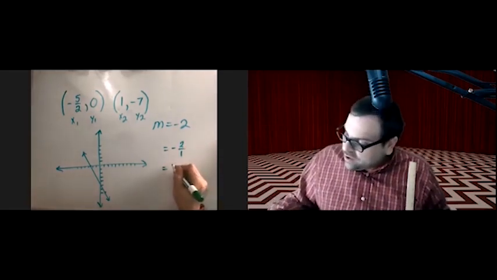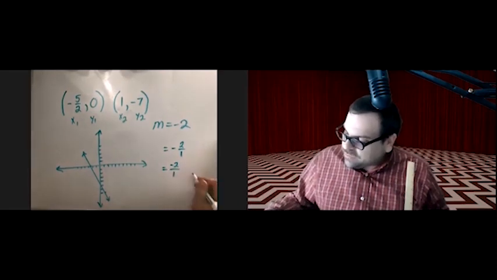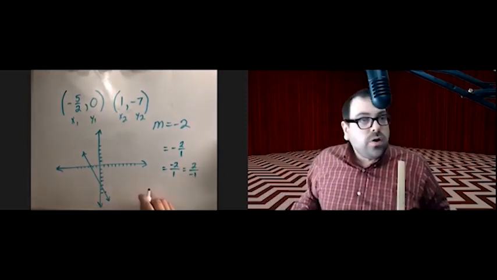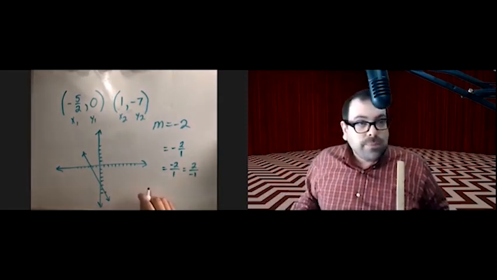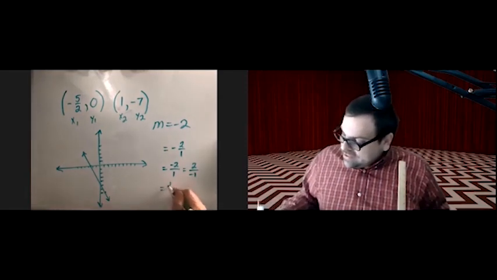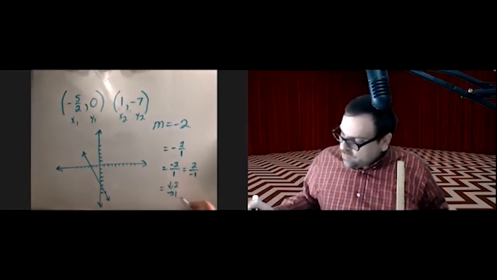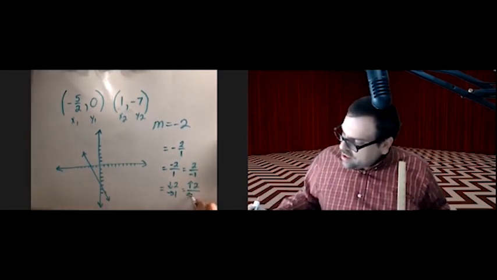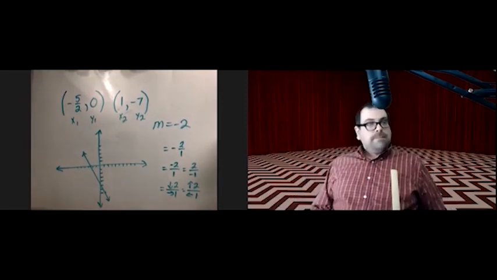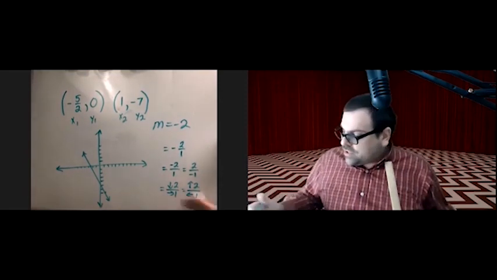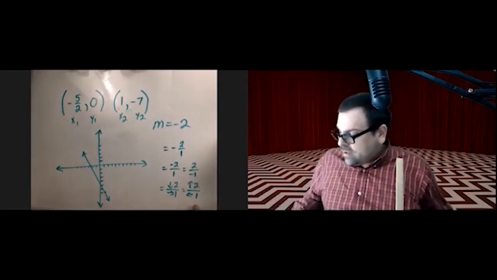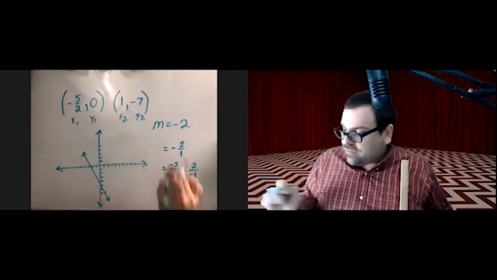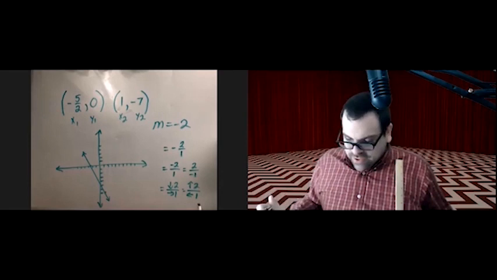So that negative can either go with the top, -2 over +1, or it can go with the bottom, +2 over -1. So this is either down to right 1, or it is up to left 1. The motions are the same either way, reflecting that the negative can either be with the top or the bottom of a fraction if we have a negative overall fraction.